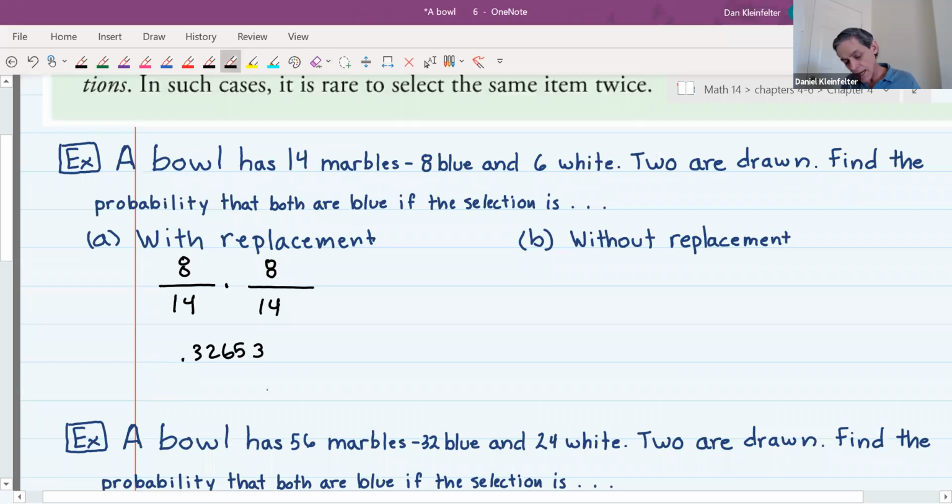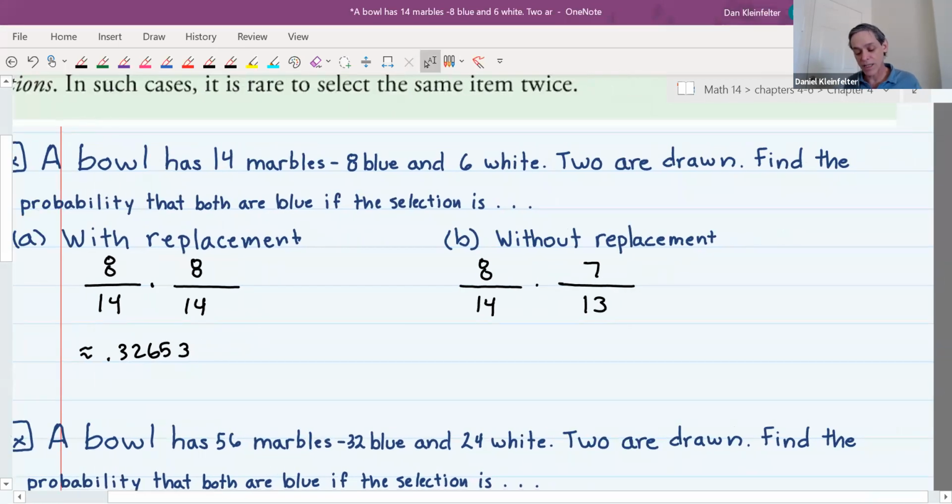Okay, and then what if we do it without replacement? So still, when we go to select the first marble, there are 14 marbles, out of which 8 are blue. And then when we go to take that second marble out, the assumption is that the first one did occur, so the first one was blue. So there are only 7 blue marbles still in the bowl, out of 13 total marbles.